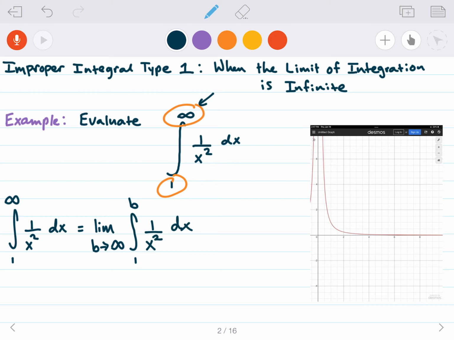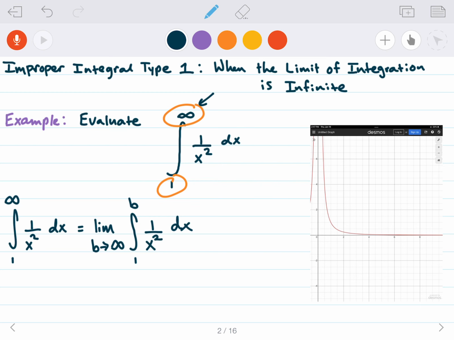Basically we're saying b can be this variable, and we take b to grow infinitely large. And we want to see, when we take the limit, does the limit exist, or does this limit not exist? Does this thing diverge off to infinity?